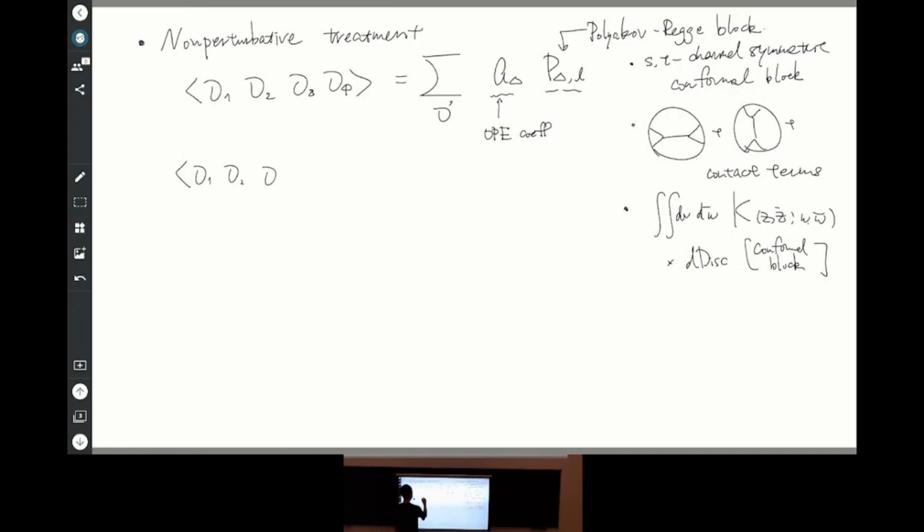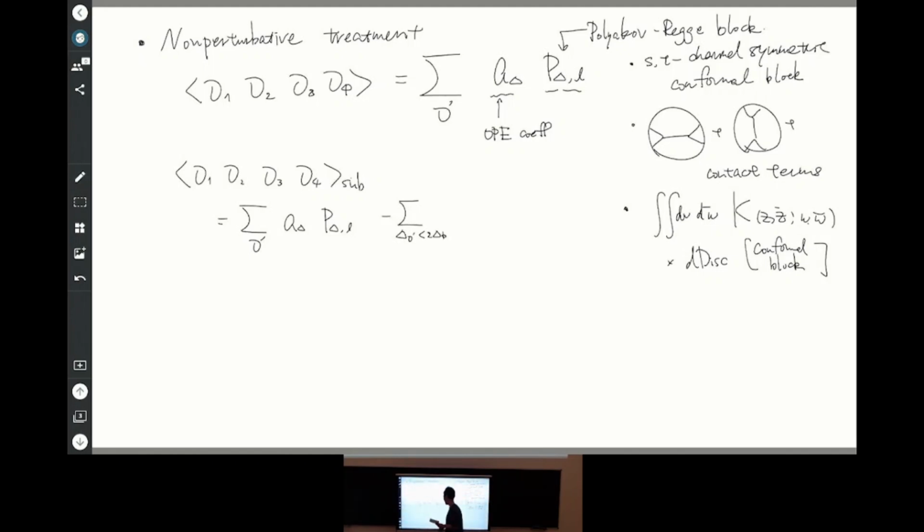Now, the idea is to define some subtracted 4-point function. The definition being, you also take the Polyakov-Regev block. So the use of the Polyakov-Regev block is more about really establishing some properties that we want to establish, and then subtract the operator whose dimension is below the threshold.